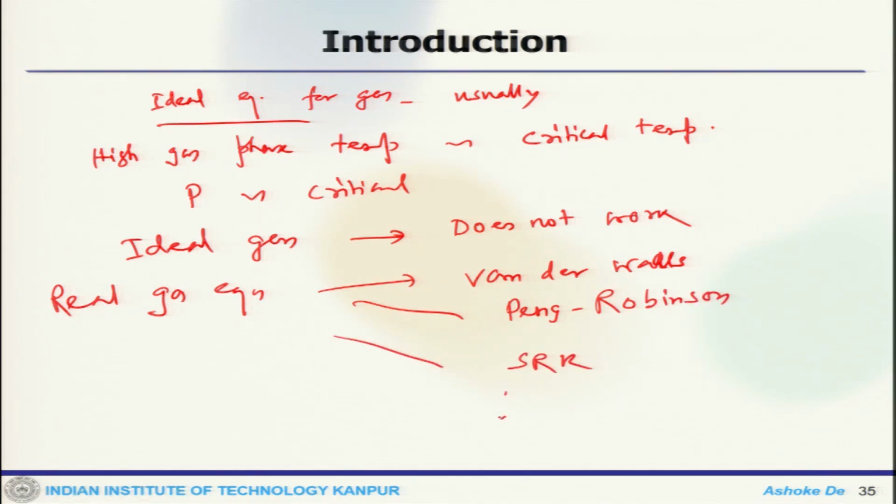There are several of these real gas equations of state which one can use. So, depending on the particular process, temperature, pressure and so on, whether the equation of state should be ideal or real, one has to decide.